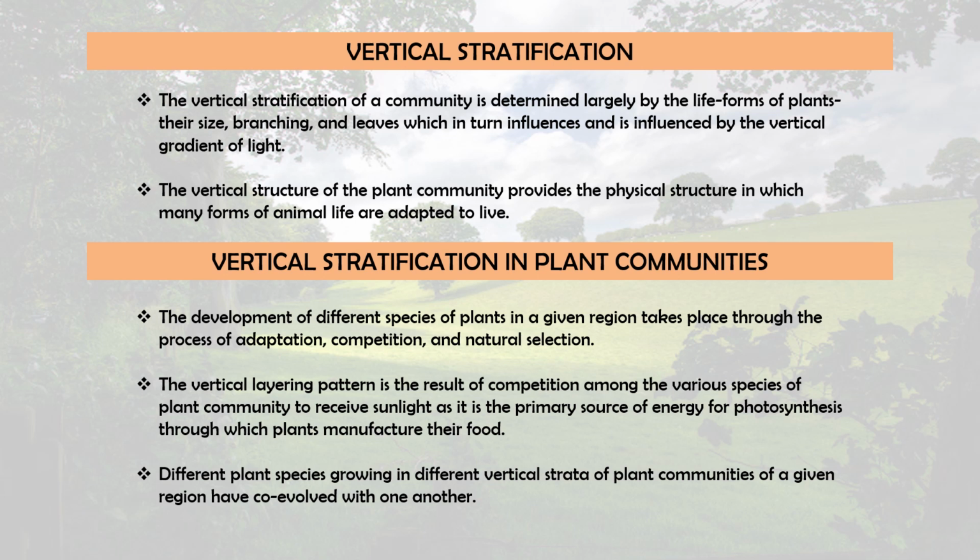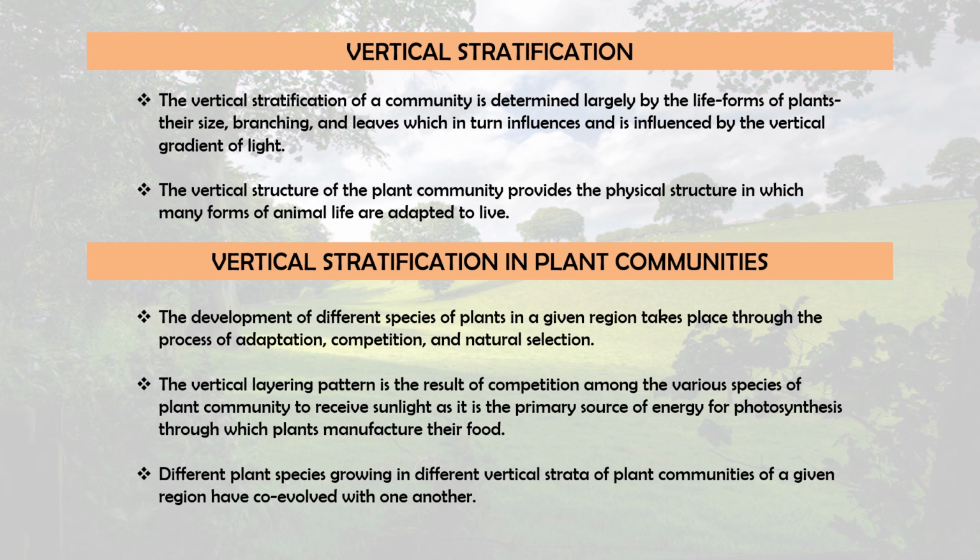This results in the development of different strata between the soil on the ground surface and the uppermost tree canopy. The vertical layering pattern of plants is the result of competition among the various species of plant community to receive sunlight, as it is the primary source of energy for photosynthesis through which these plants manufacture their food.